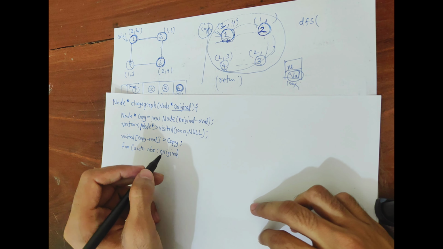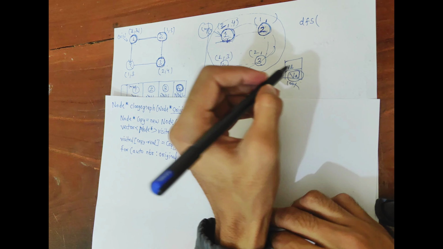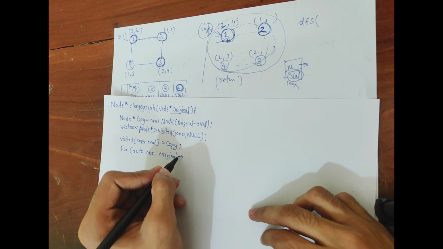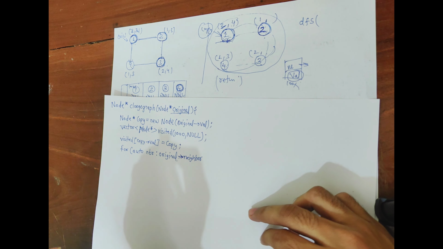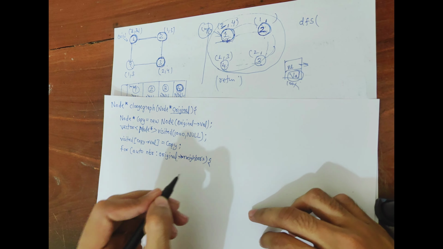When I say original, I will get the address of this, but I want a neighbor. If I want a neighbor, then I will say original arrow neighbors. So I came into original's neighbors.